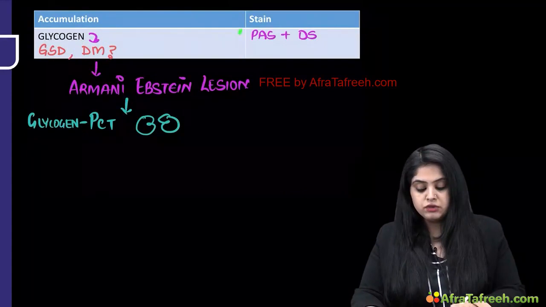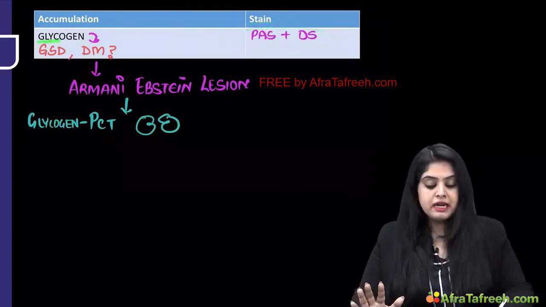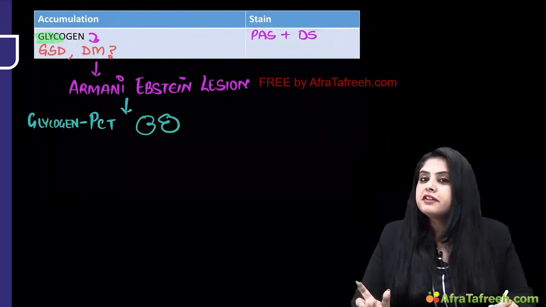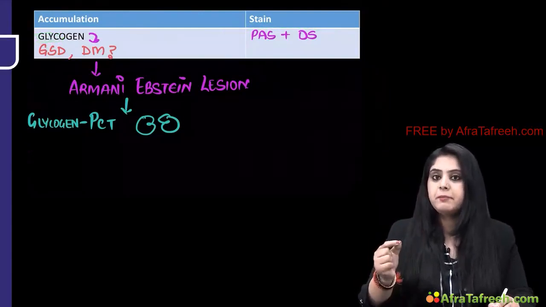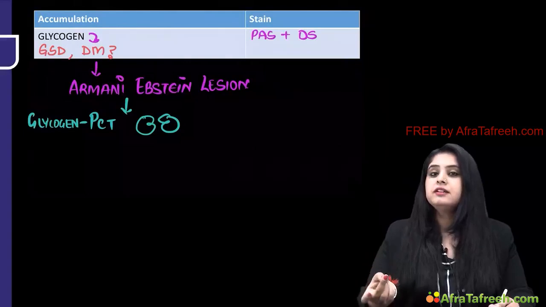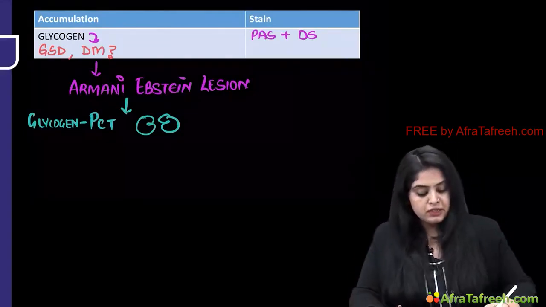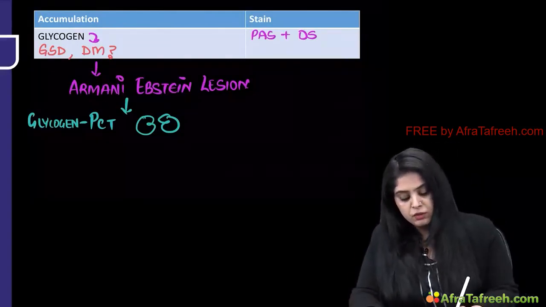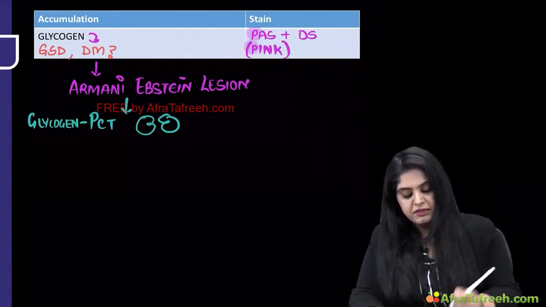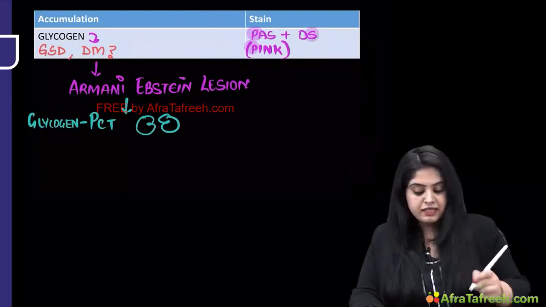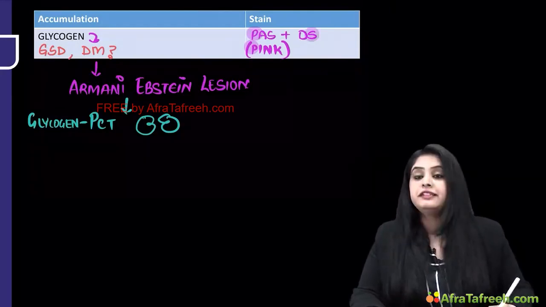So they will ask you, glycogen in the PCT is this fancy name, that is Armani-Ebstein lesion, and how will you stain this glycogen? So remember how I have learnt it: glycogen sounds like girls. Girls' favorite color? Tell me two characteristics about girls. Girls' favorite color is pink, and second characteristic, girls are usually more sensitive, right? So pick up the pink color stain. What is the pink color stain? It is PAS. So P for PAS, P for pink. It is a pink color stain. Second, this is diastase sensitive.